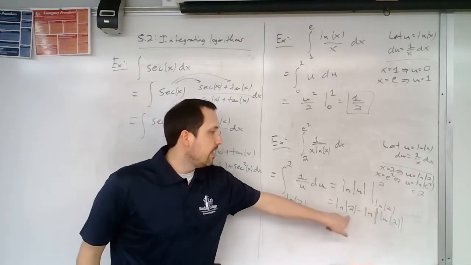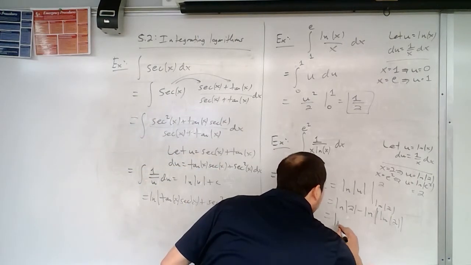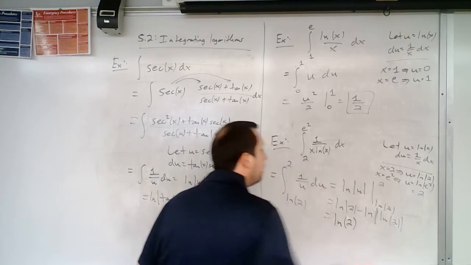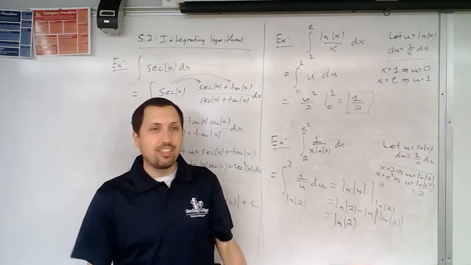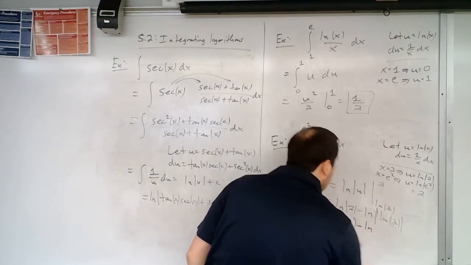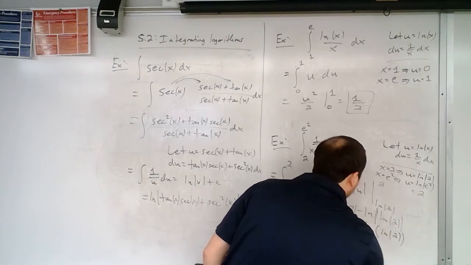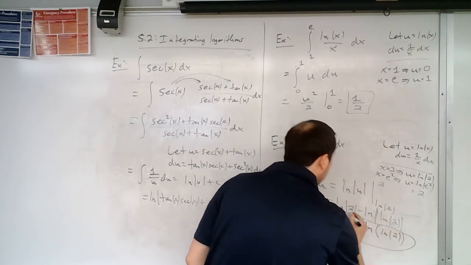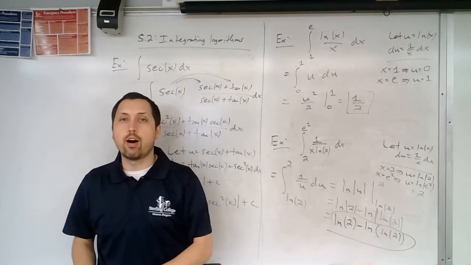So in this case, natural log of the absolute value of 2 is the same thing as natural log of 2. Same thing, natural log of 2 is also a number that's larger than 0. So the absolute value of it is just the same thing. So this is natural log of 2 minus natural log of 2. And that is the answer that we want.